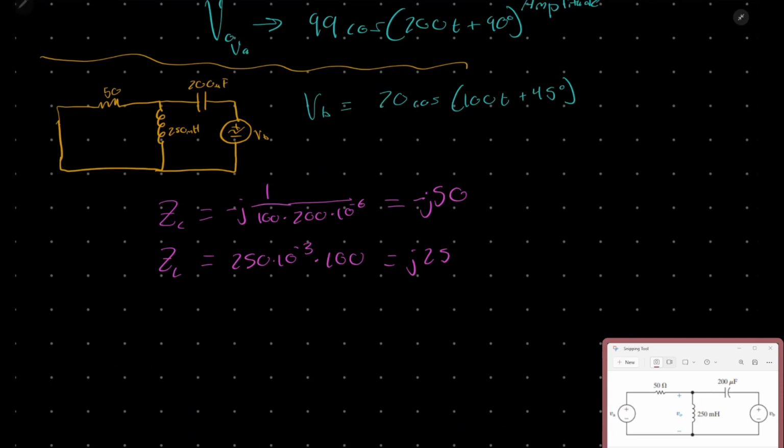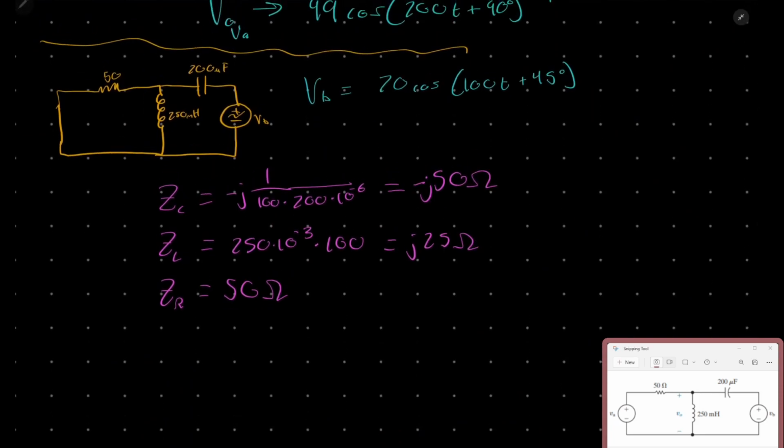And then for our resistor, it's again simply the exact same value in ohms. Remember, impedance is all in ohms.